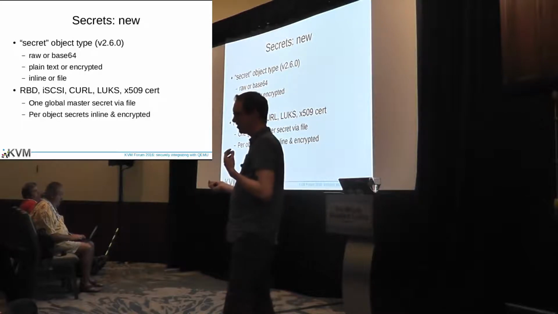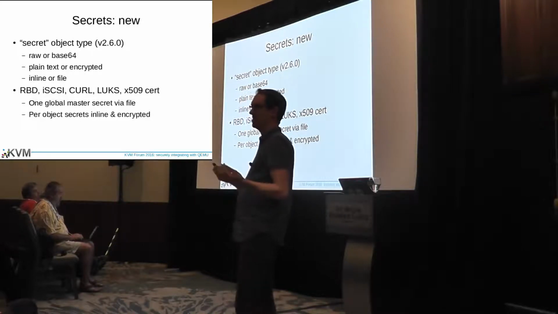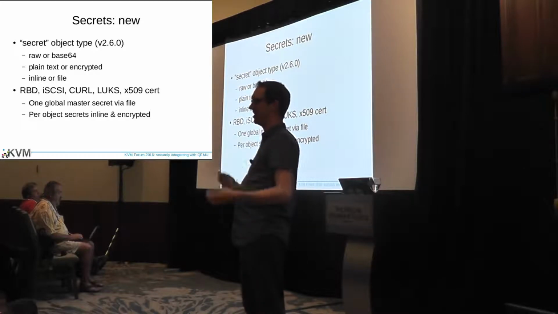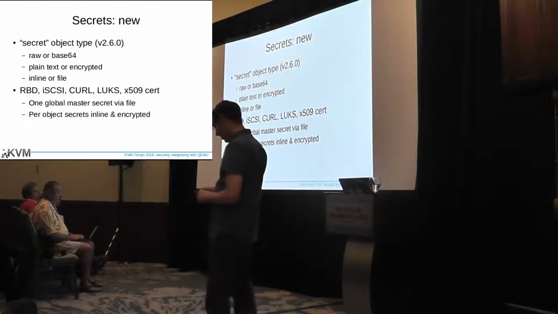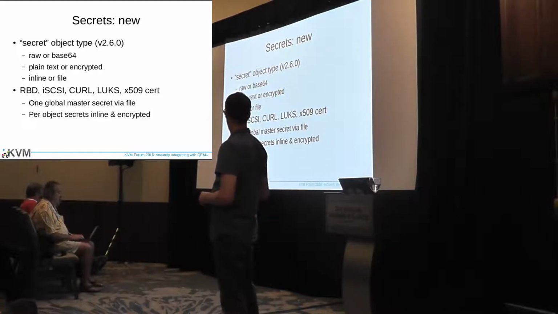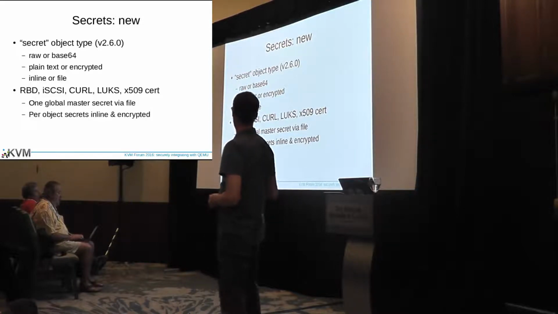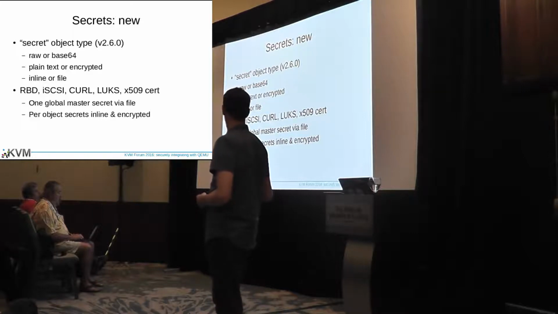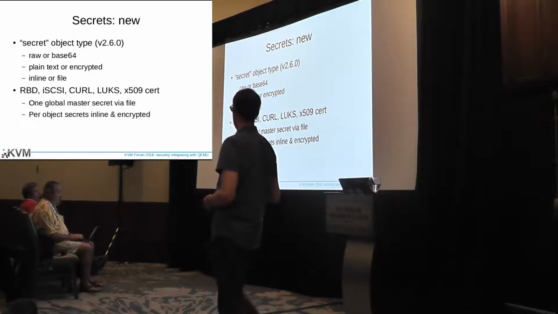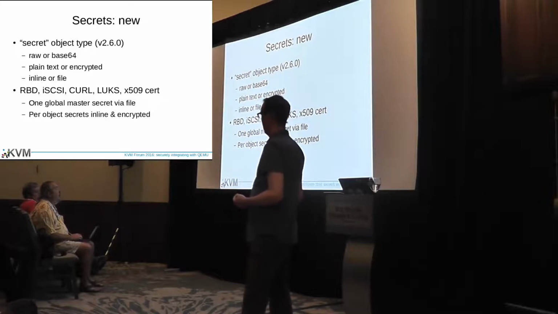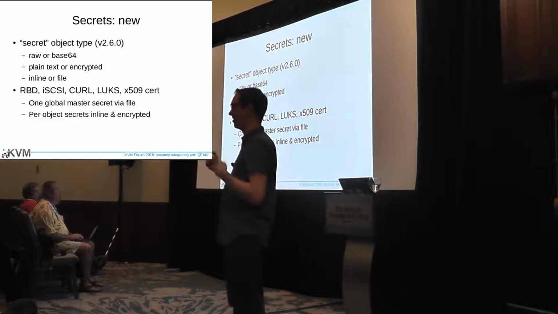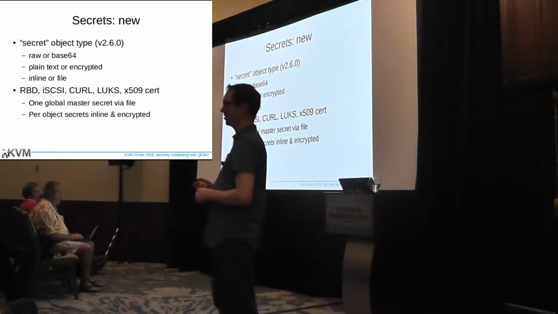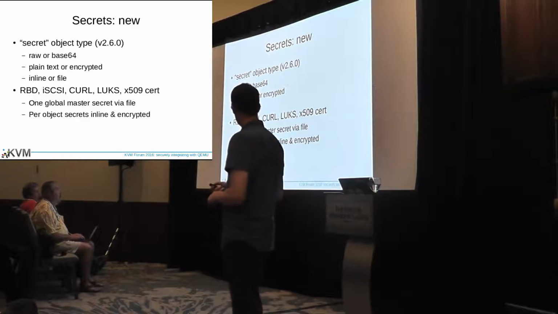And the secret data itself can be in clear text or it can be encrypted with a master key, which you then provide to QEMU separately. And we've got this wired up for the RBD driver, the iSCSI driver, the curl block driver, the recent LUKS driver, and also for X509 certificates, well, rather the private key associated with the certificate. It's nice to be able to encrypt those private keys as well.